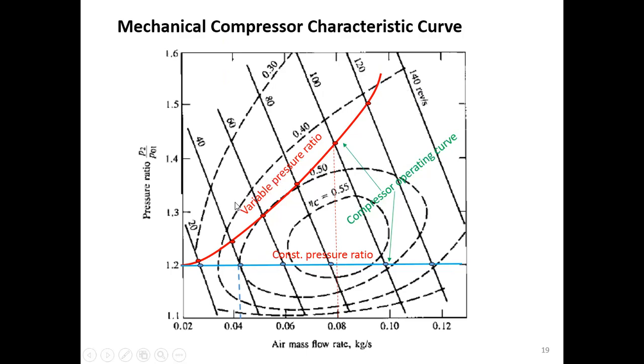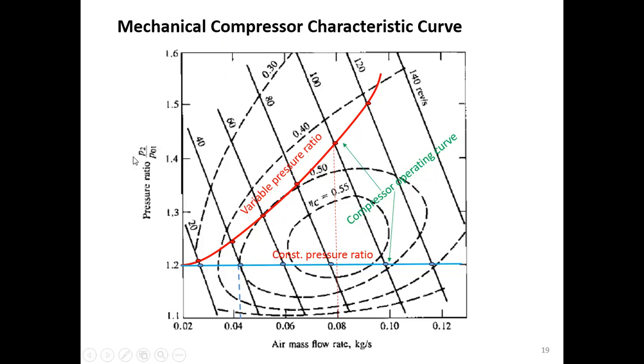And the several dotted lines give you the lines of constant compressor efficiency, such as this dotted line, which represents the efficiency of the compressor at 0.55.